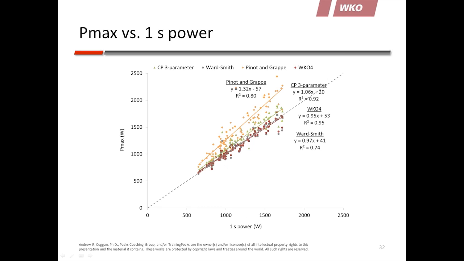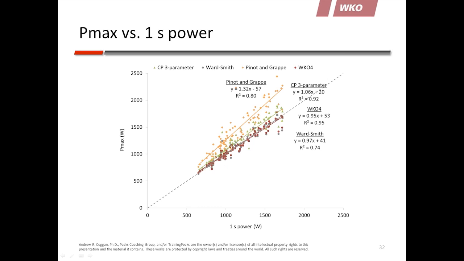But be that as it may, you can see that the Pinot-Ingrape approach grossly overestimates the power that somebody can make for just 1 second. The 3-parameter model comes closer, but still tends to overestimate, and in fact, it does so statistically significantly, as I showed previously. Ward-Smith's approach and the WKO4 model do not overestimate.